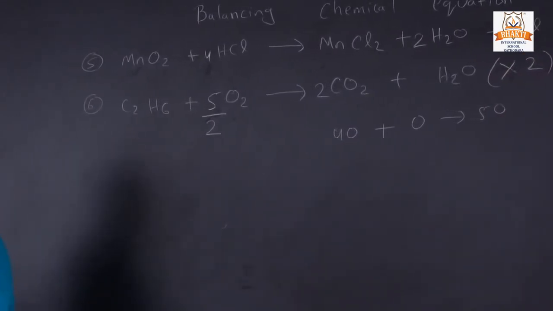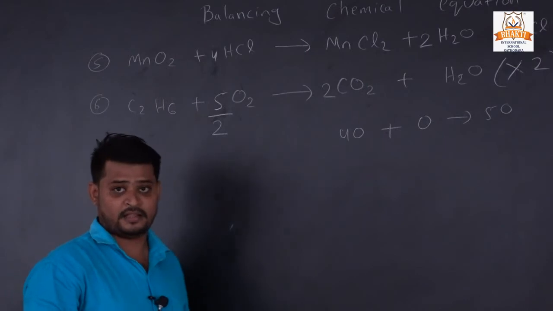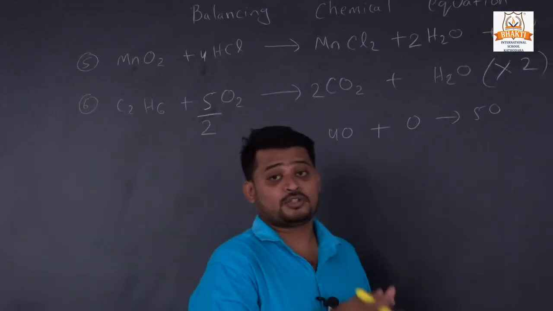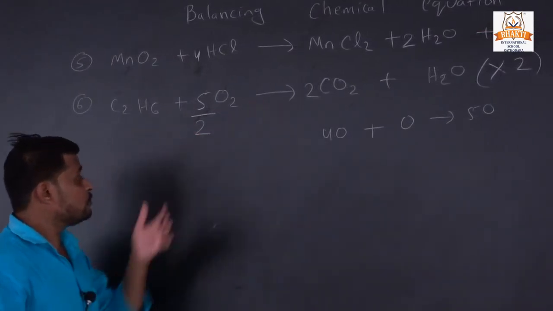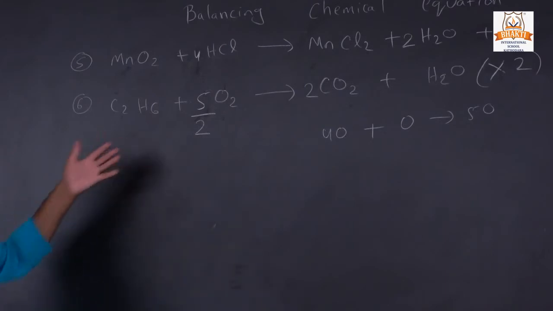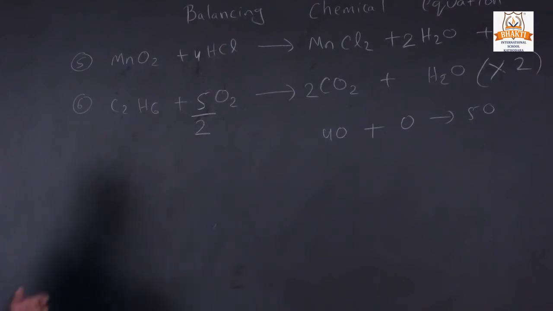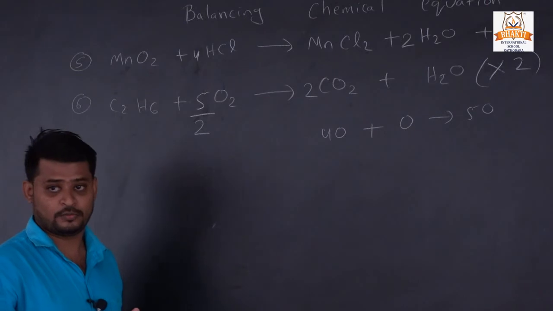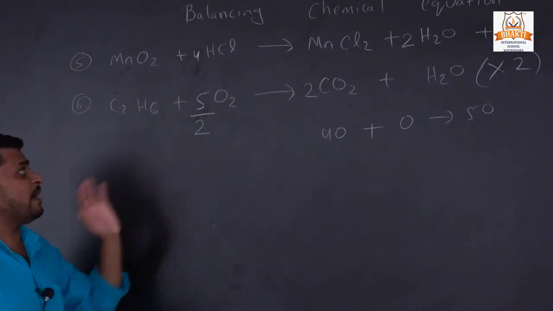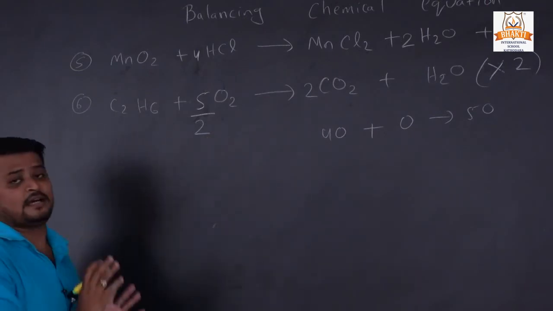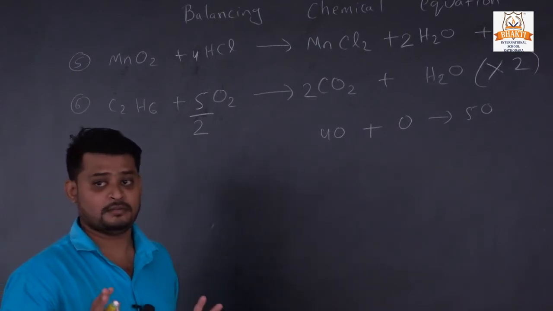Multiply and divide, it is done in math, but it can also be done to balance a chemical equation. It is also a way, but we didn't know this way. Every method we apply to balance a chemical equation is fair.